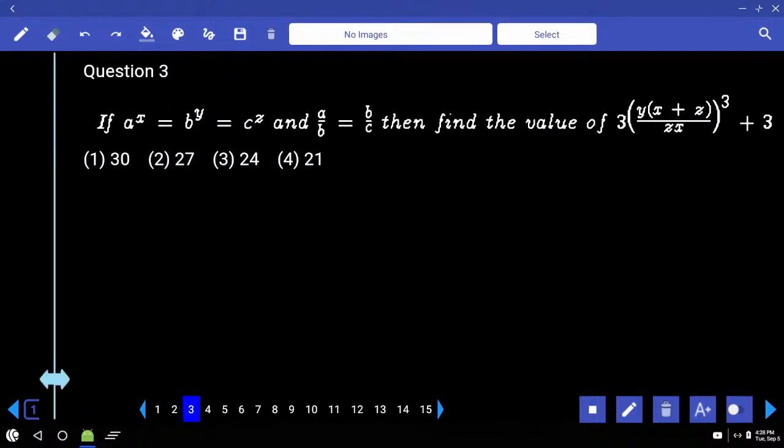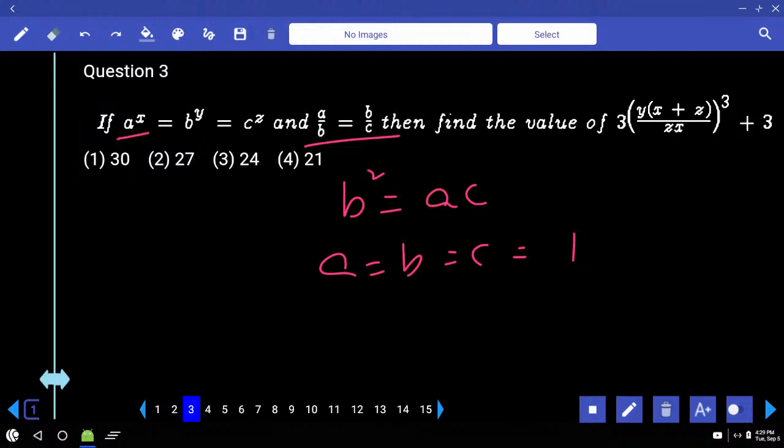If a power x equal to b power y equal to c power z, equal to a by b equal to b by c, then find the value of 3 into y into x plus z by zx whole cube plus 3. So if you observe, this is b square equal to ac. Can you assume any values for abc here? Can we assume a equal to b equal to c equal to 1? 1 square equal to 1 into 1, satisfied.